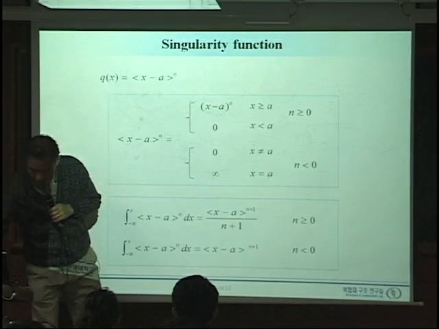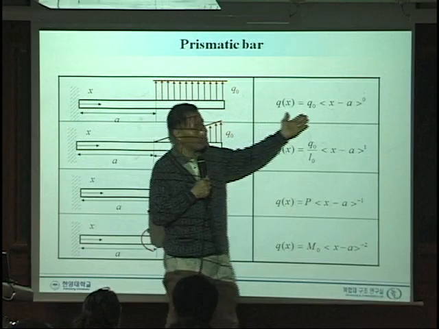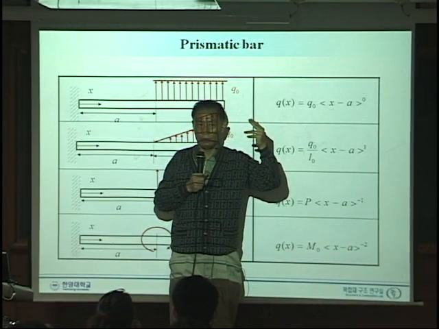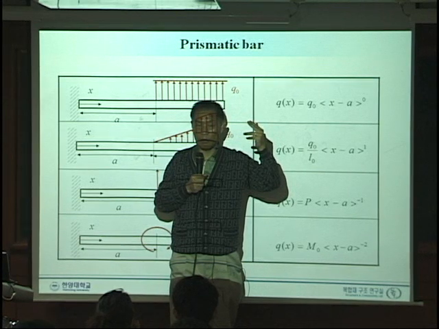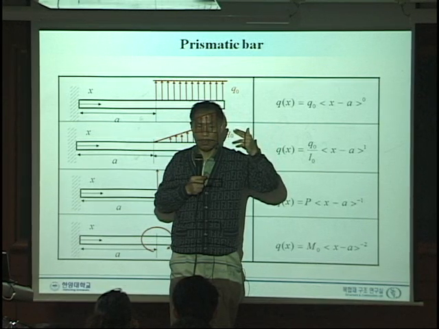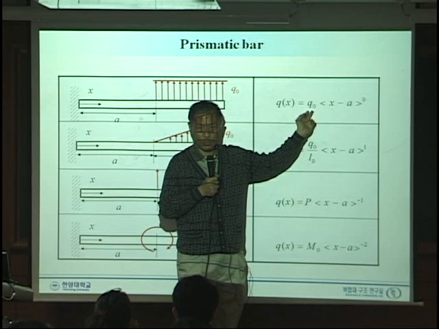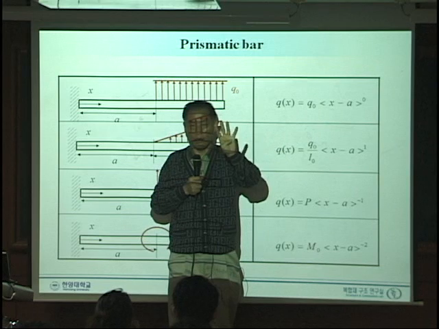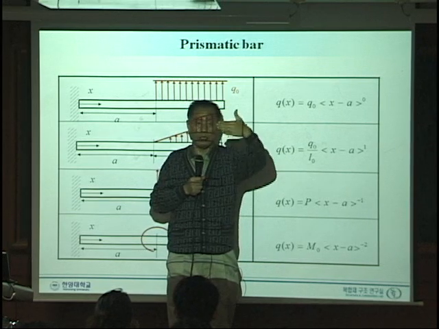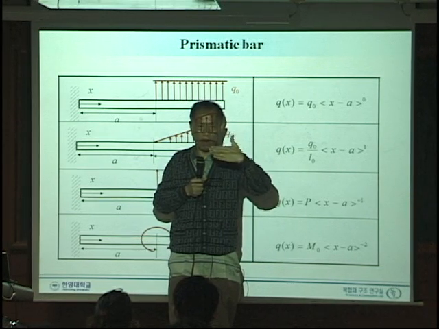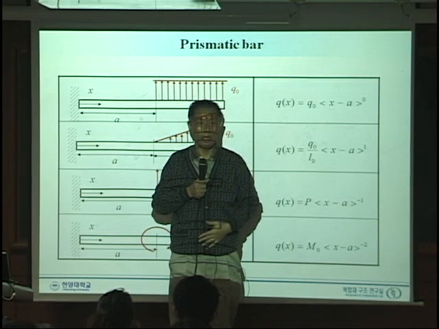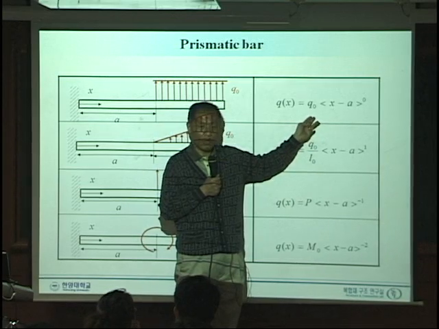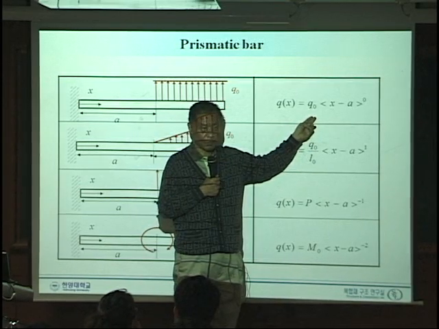But the point is that once we express this, remember how we solve the beam differential equation? We have to integrate this q(x), right? EI v four times equals q(x), and we have to integrate one by one. That means we have to know how to integrate this singularity function.